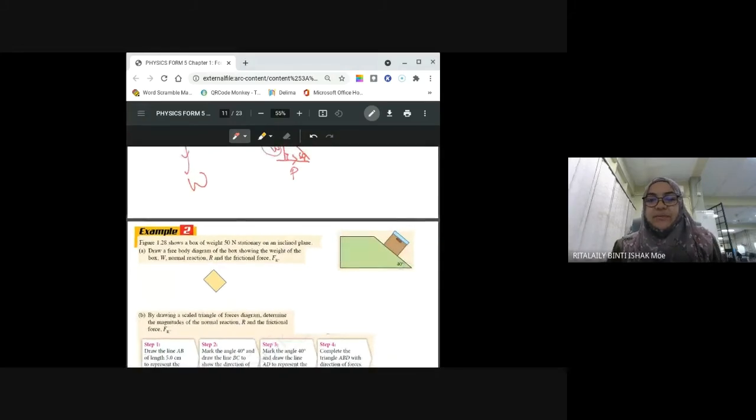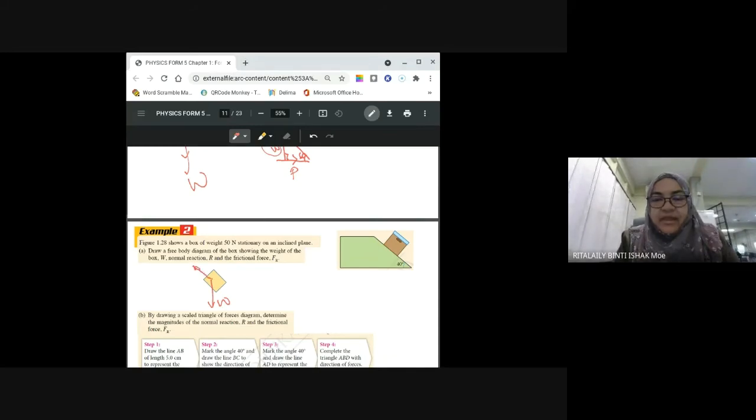Then this one is also an example. You can refer to the textbook on page 22. Here they ask us to draw, so it depends on the question. The first one, they ask us to draw a free body diagram. A free body diagram is to draw the forces acting on the object. The forces: there is one weight. Okay, and then we have friction.